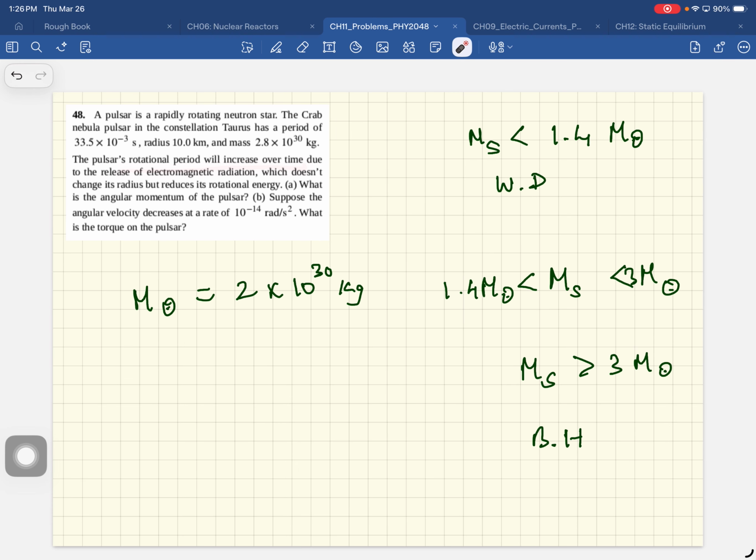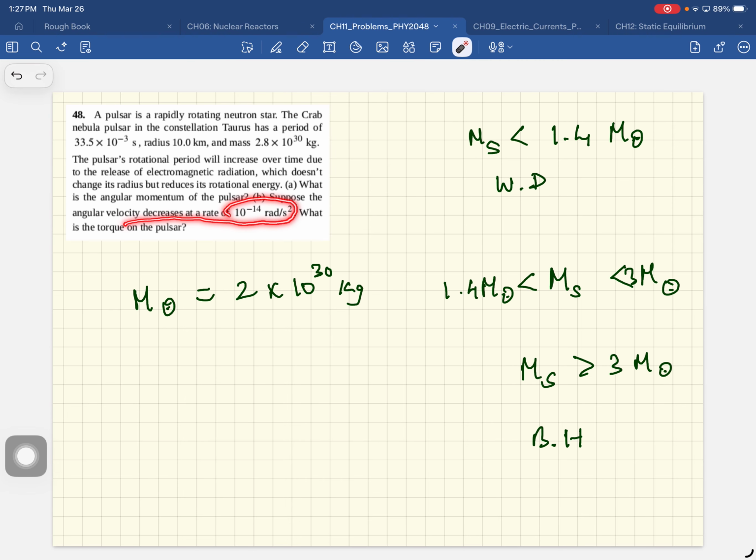And for a solid sphere of uniform density, there is the moment of inertia. And what is omega? It's the angular speed, 2 pi over T. Okay? So this is 33.5 milliseconds. You know the mass of the pulsar, and the radius of the pulsar, which is 10 kilometers, so you can calculate that. Okay?